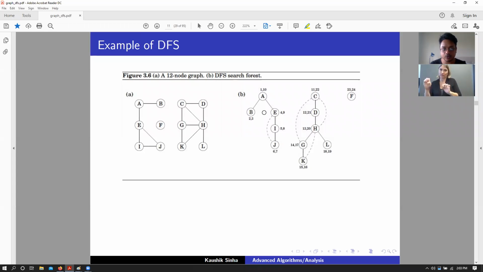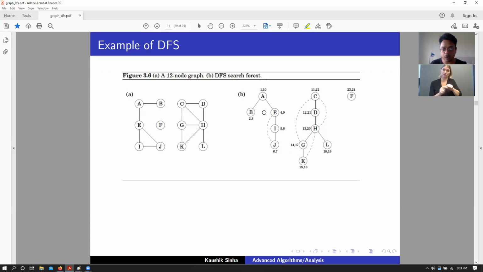In this scenario, we can note one particular property about the pre-visit number and the post-visit number. Remember, the pre-visit number was the moment of first discovery of that node. The post-visit number is the moment of final departure from that node. And I can only make my final departure once I have completed exploring my entire subgraph from that node, right?